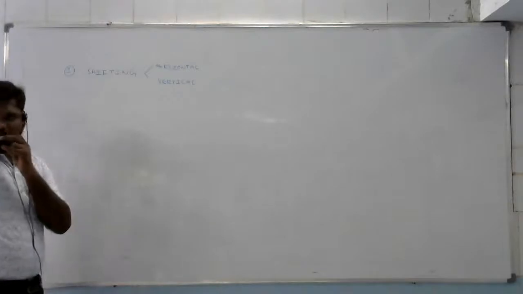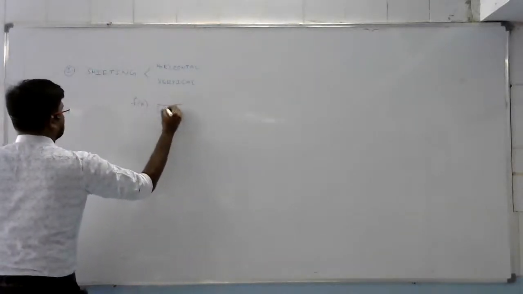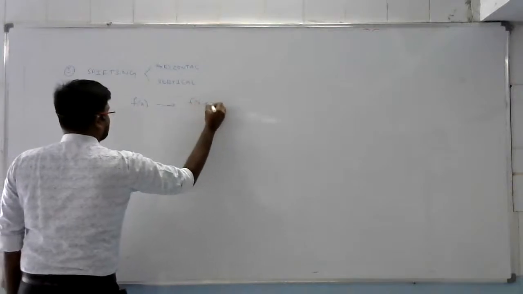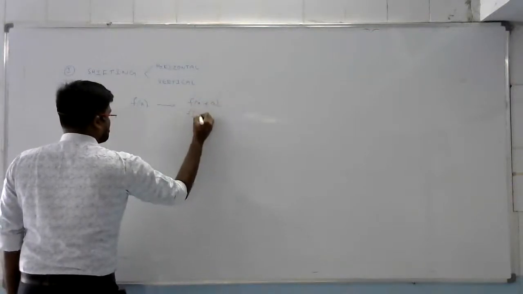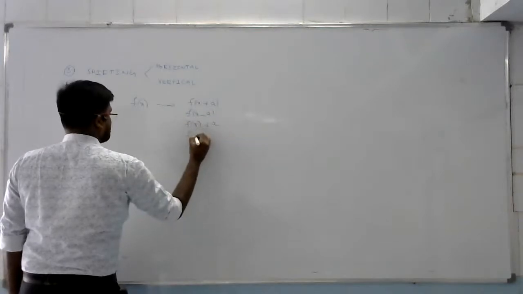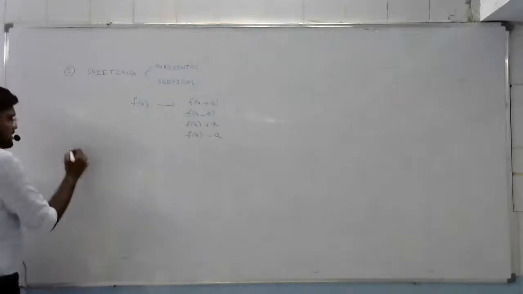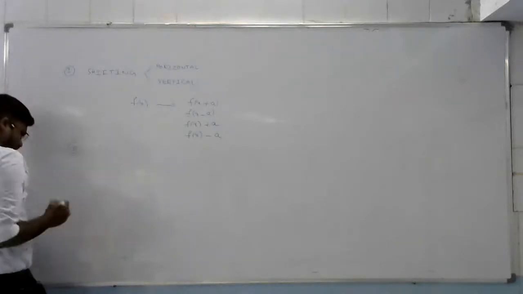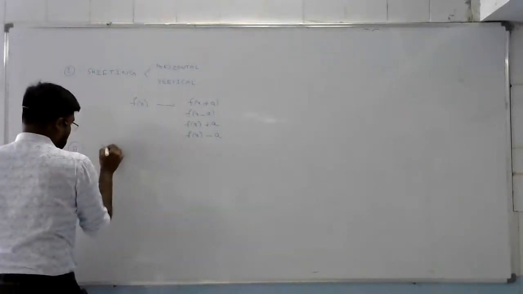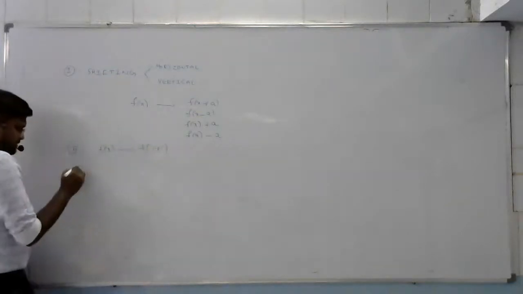Do you remember this? From the f of x graph, drawing f of x plus a, f of x minus a, isn't it? And the second one, what was the second one? From f of x, f of mod x.